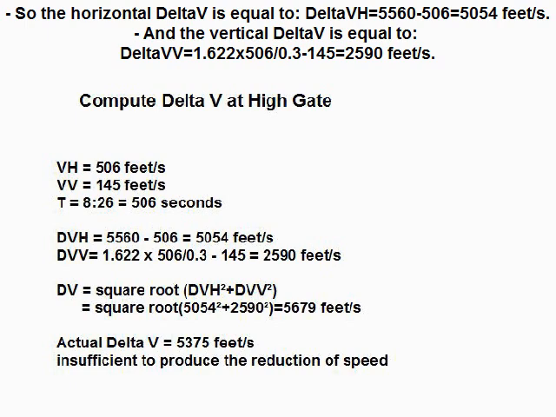So the horizontal delta V is equal to delta VH equals 5560 minus 506 equals 5054 feet per second. And the vertical delta V is equal to delta VV equals 1.622 by 506 divided by 0.3 minus 145 equals 2590 feet per second.